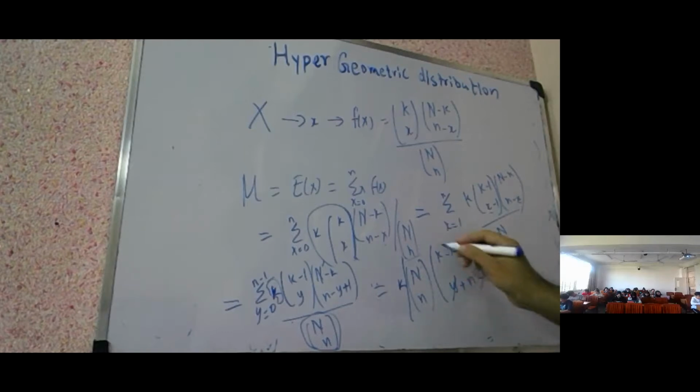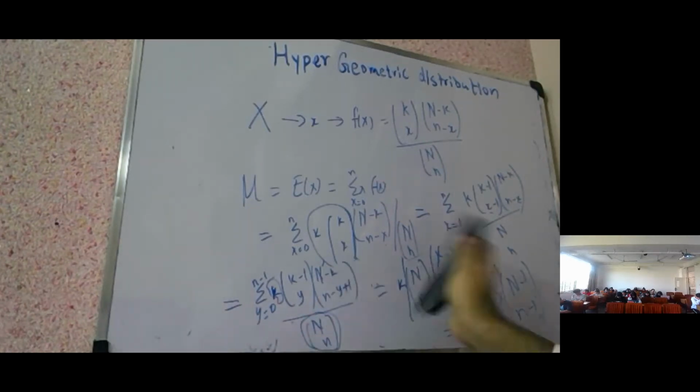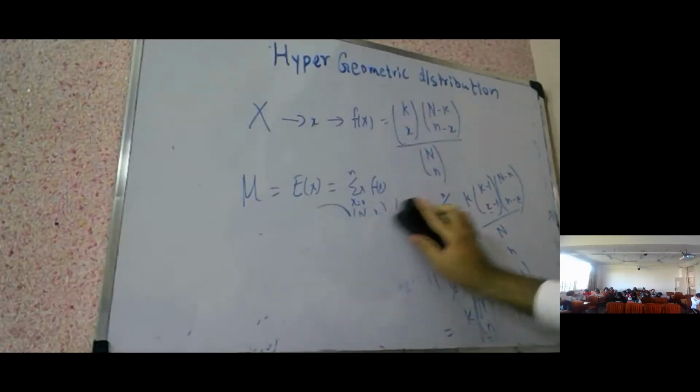The y terms will cancel out, so this can give me k upon (n+k)Cn times the combination (n+k minus 1)C(n minus 1). So that's our mean. I'm erasing it directly to this step.